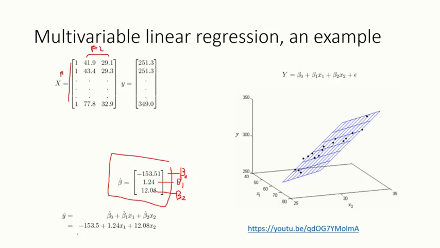Your final regression model will be y estimation equal to this plus this times x1 plus this beta 2 times x2. And this is a plane, okay, to give you a prediction, the combination of values x1, x2 to predict the y.